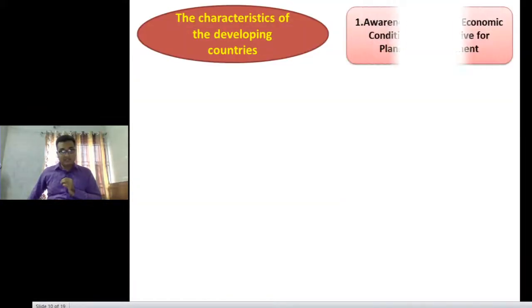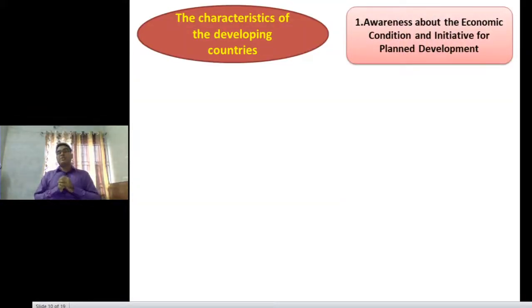The first characteristic is awareness about economic condition and initiative for planned development. The people in this type of countries, we can see, are highly aware about economic development, and they have taken some measures for it. So this is one of the characteristics of the developing countries.